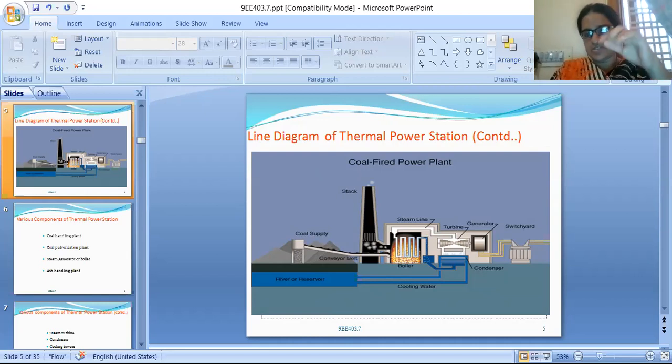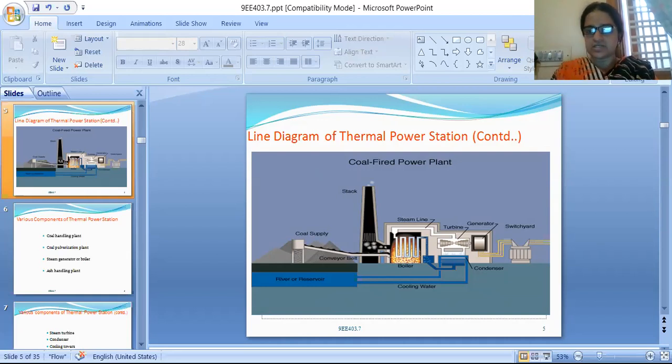The temperature of the water used in the condenser will be reduced, and again it will be supplied back to the condenser. Okay, this is about the line diagram of the thermal power plant.